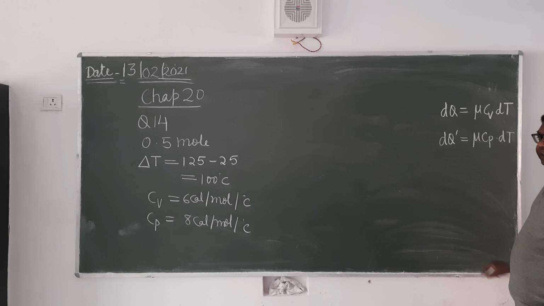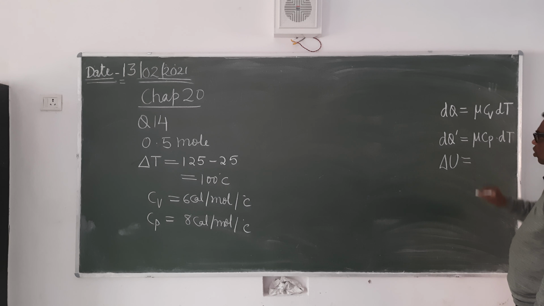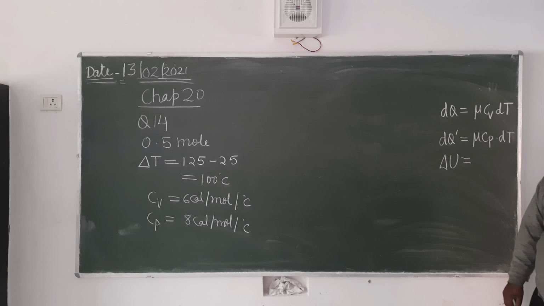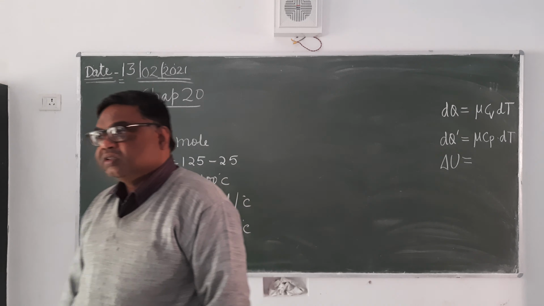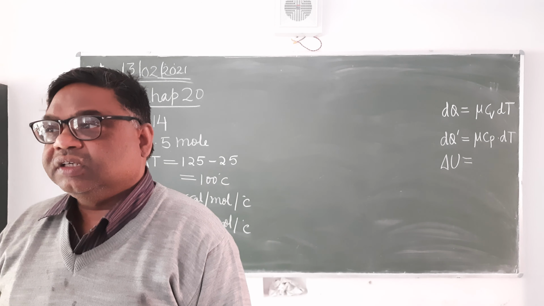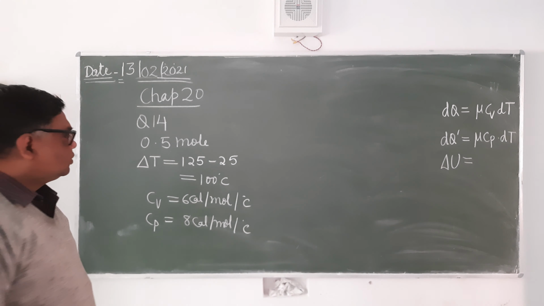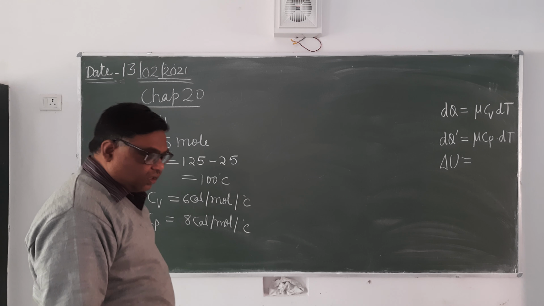And the increase in internal energy will be delta U equals to how much? What will be the increase in internal energy? The heat which is required to reach the temperature. It's clear? So see here, first you find out the total heat required.